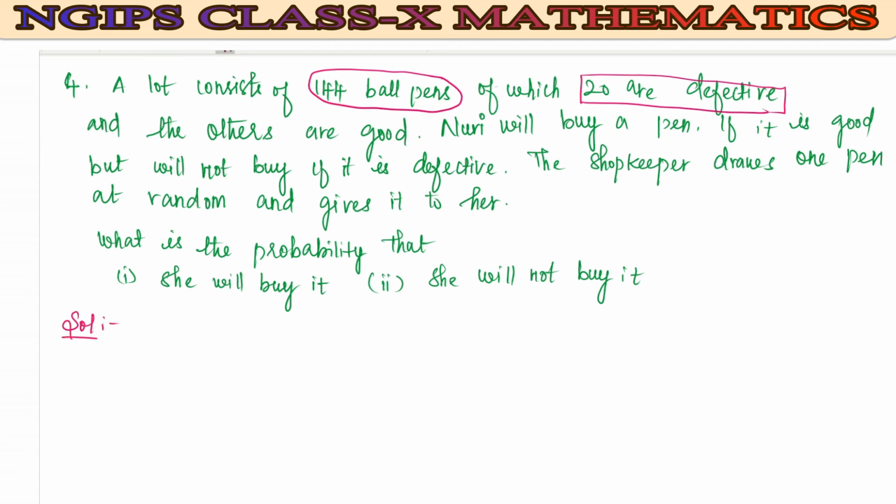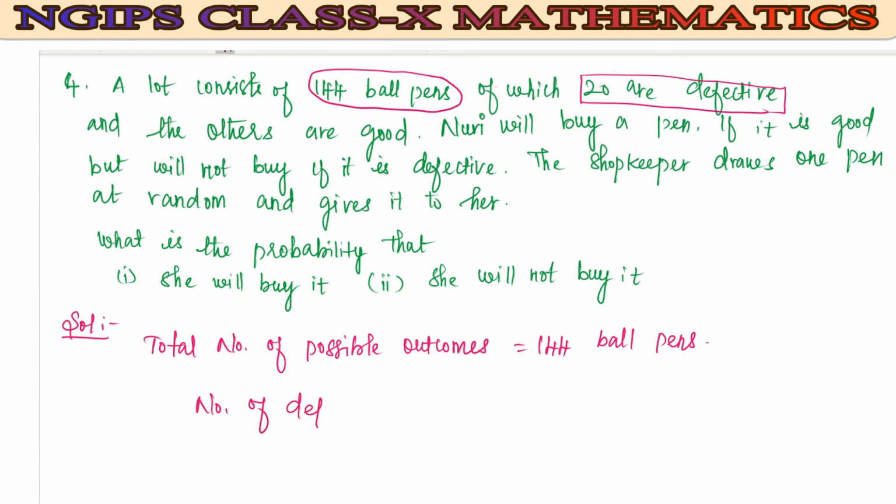Solution: total number of possible outcomes is equal to 144 ball pens.